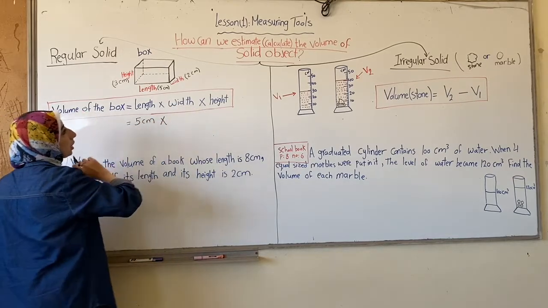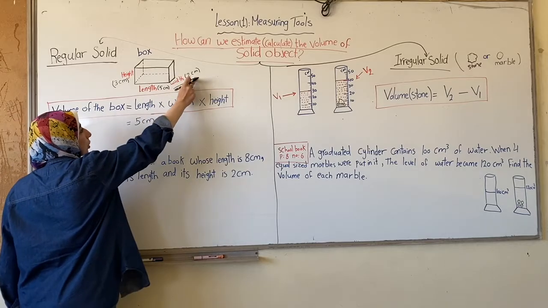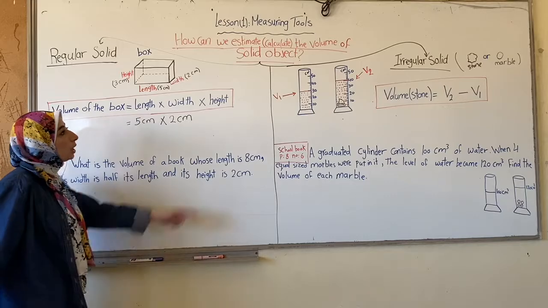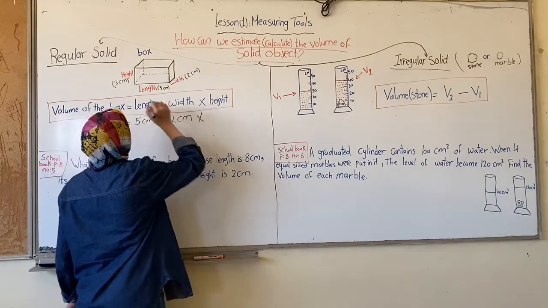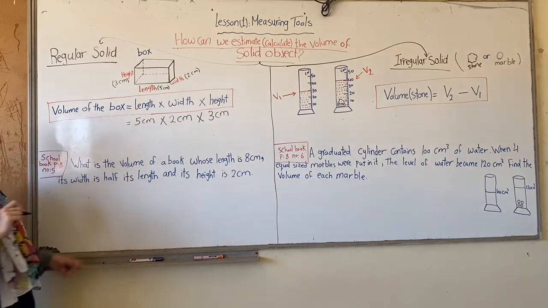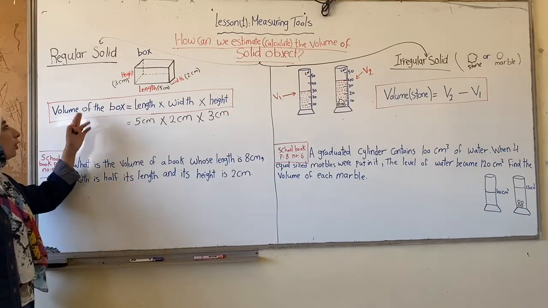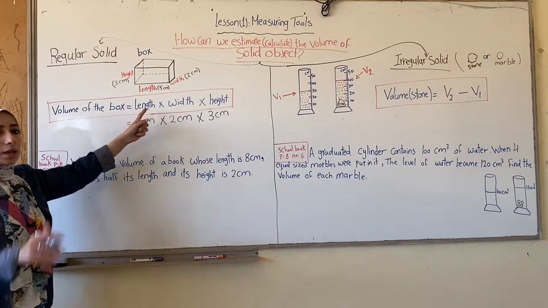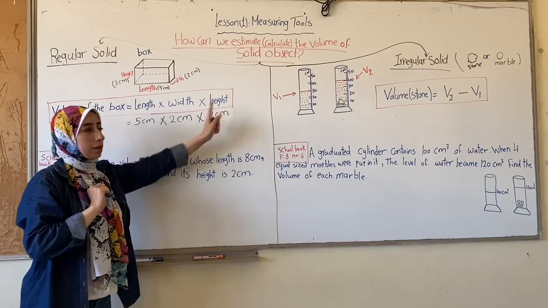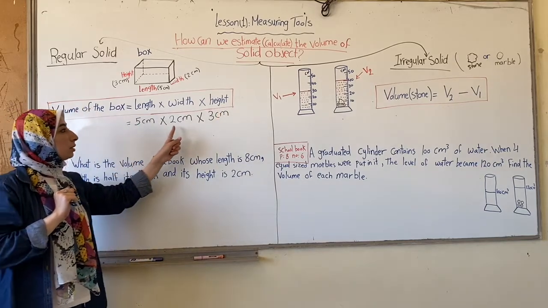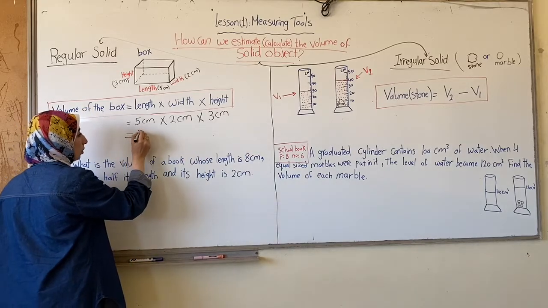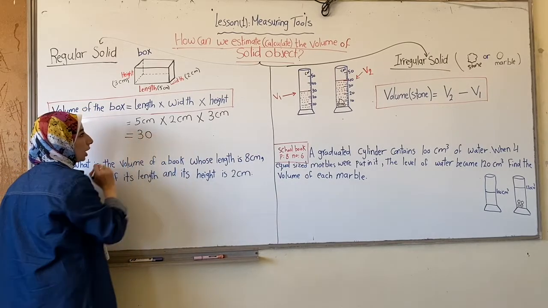Below the width, I write 2 centimeters. Below the height, I write 3 centimeters. So again, this is a rule. The volume of the box is equal to length times width times height. So 5 centimeters times 2 centimeters times 3 centimeters will equal 30.